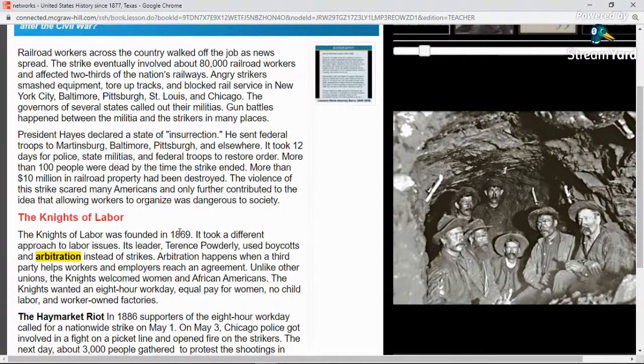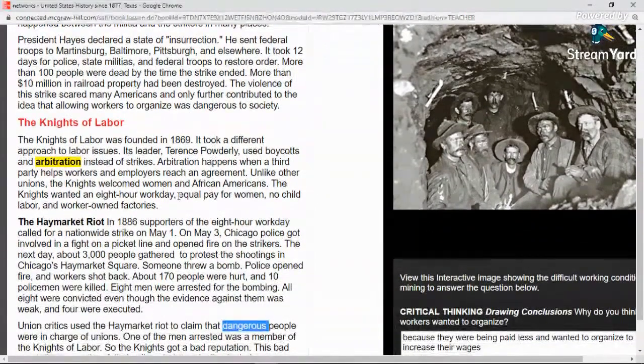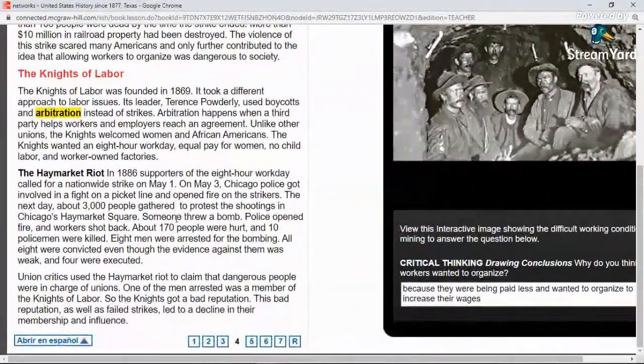And this, of course, made Americans think that, hey, if more workers organize, this could be dangerous. So the Knights of Labor was started. Okay, the Knights of Labor was founded in 1869. It said, hey, let's try using boycotts instead of strikes, or arbitration, which is when we use a third party between the employer and the workers to reach an agreement.